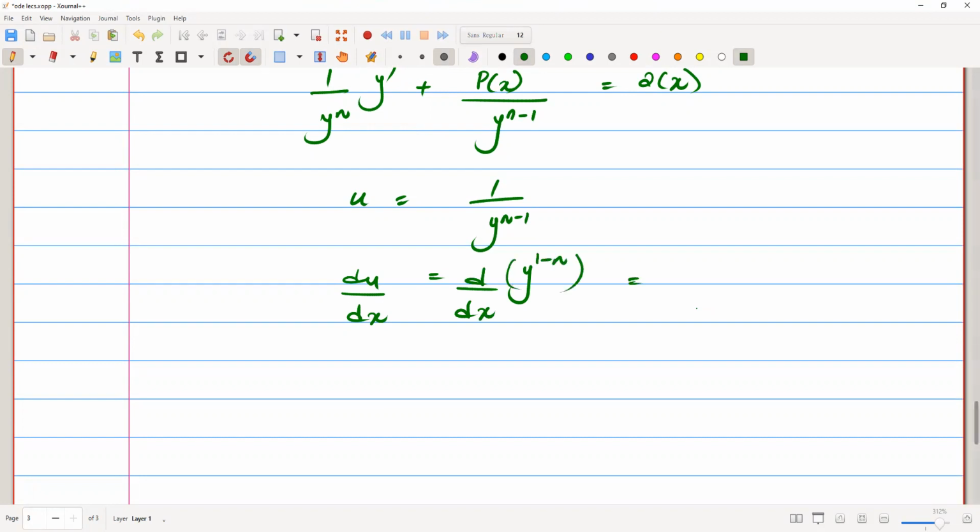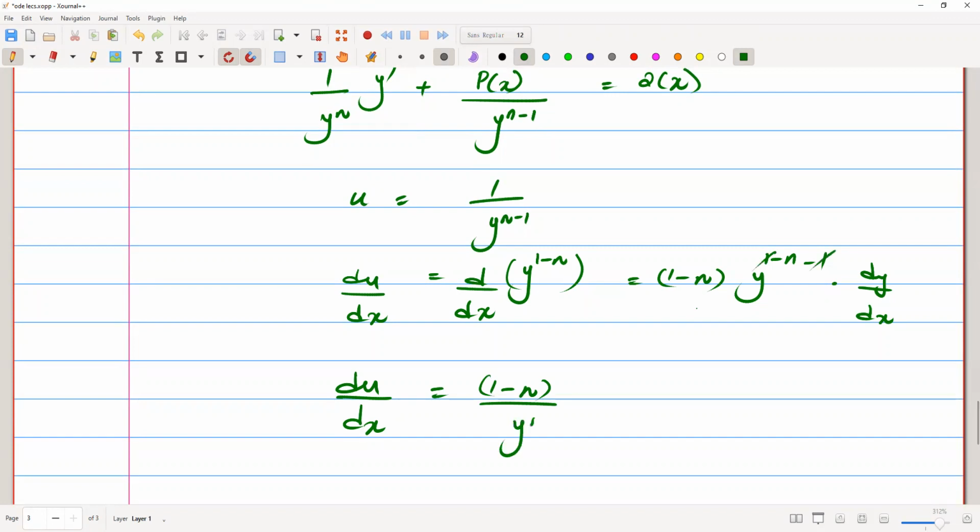So the derivative will be equal to 1 minus n times y to the power 1 minus n minus 1 times dy by dx. So this is the derivative of this function, that is 1 over y to the power n minus 1. So here we get 1 minus n divided by 1, and 1 cancels out, and y to the power n, and then we have dy by dx, right?